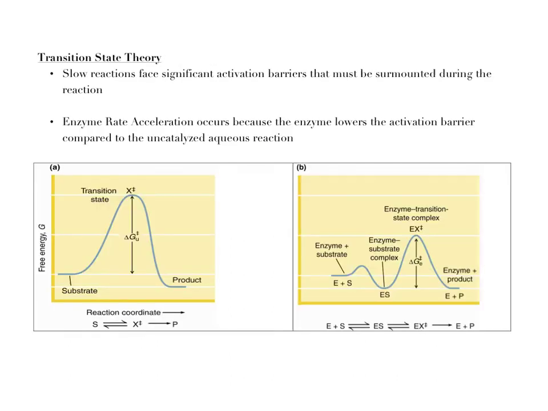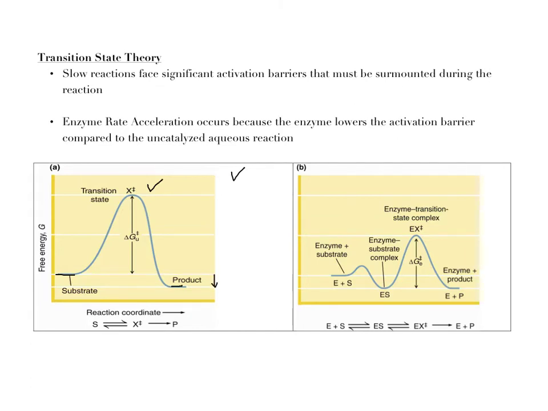Let's review transition state theory. We're all familiar with the picture of an uncatalyzed reaction. We have some substrate, shown here, at some free energy, represented by the position on the y-axis. And as the reaction proceeds, the energy increases through a transition state and then lowers again as products are formed.